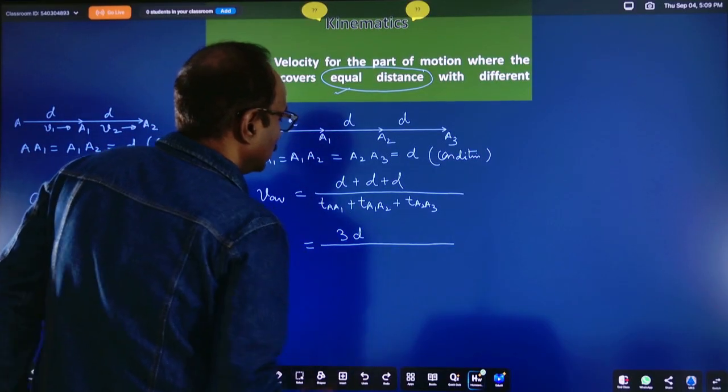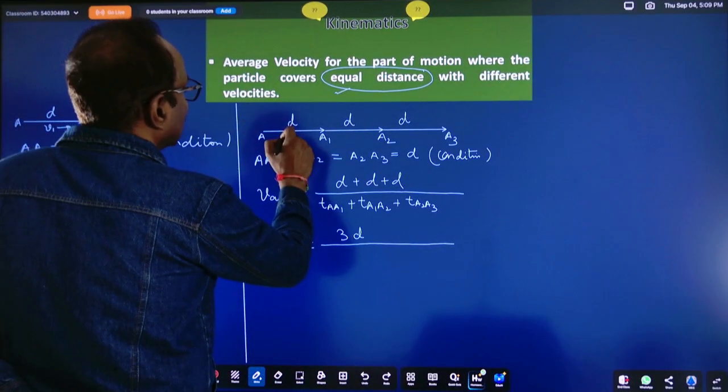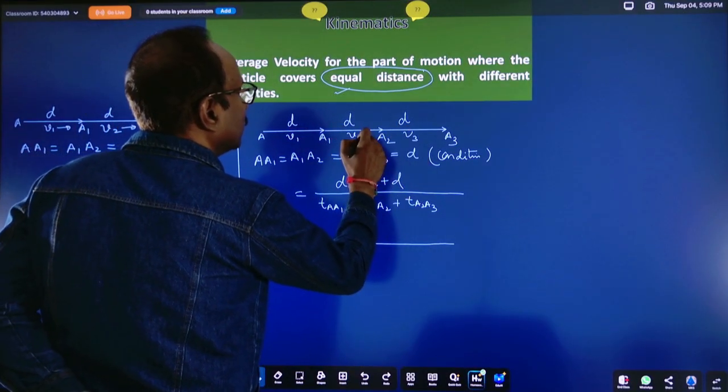T A A1 is D divided by V1, let us say V2 for this part and here V3.